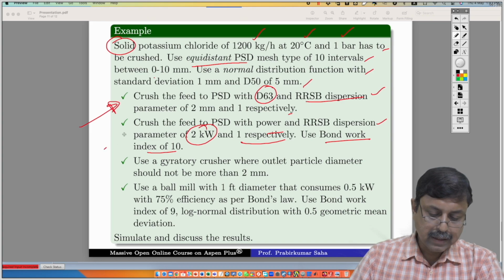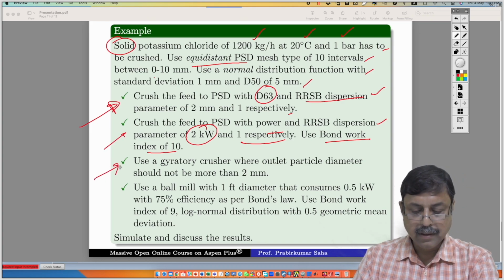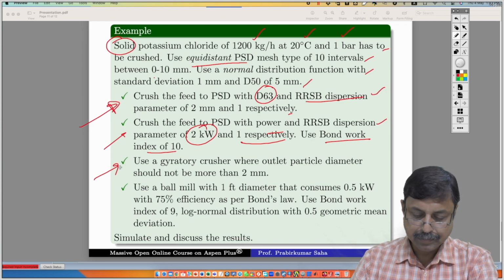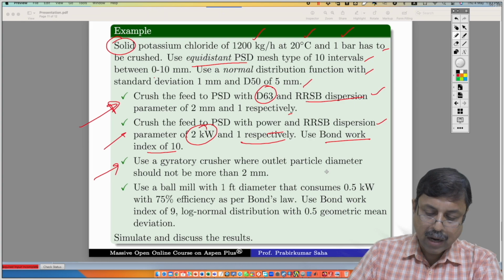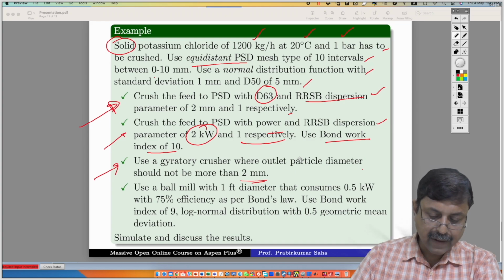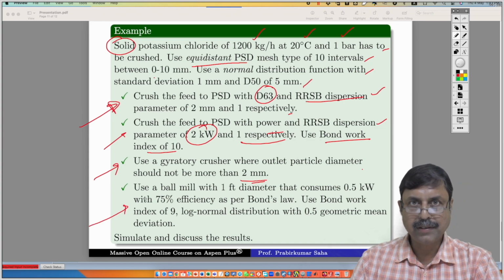In the third case, it is a gyratory crusher. Here the crusher type has been mentioned, and the outlet particle diameter should not be more than 2 millimeters. So that is also said. And finally, use a ball mill. So this is the last case.